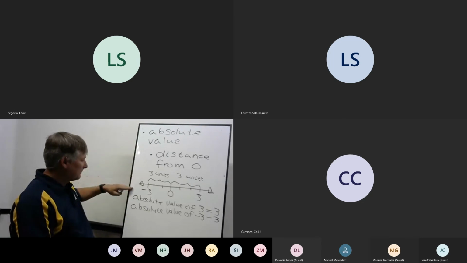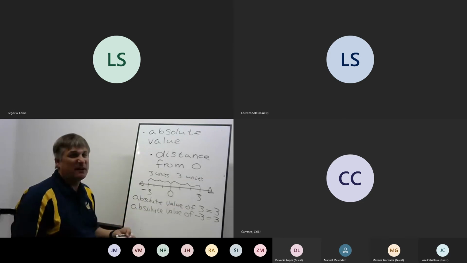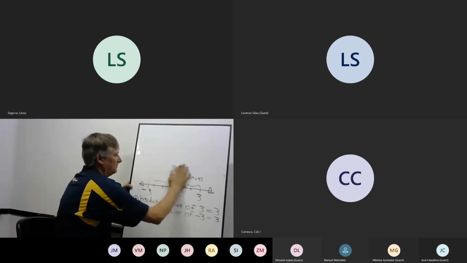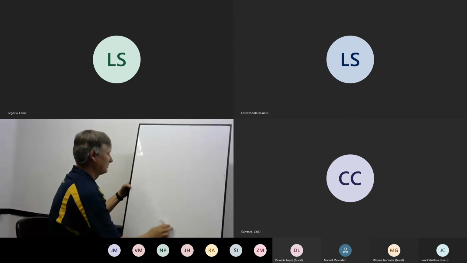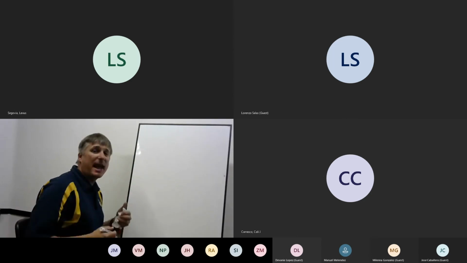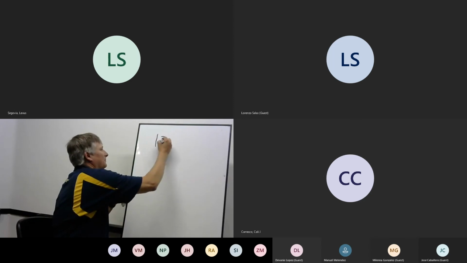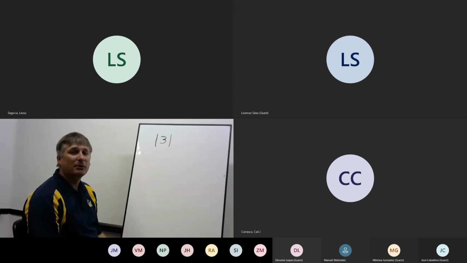So what we've got in this situation, I get kind of tired of writing absolute value of, so I'm going to make a symbol. Instead of saying the absolute value of 3, I'm going to write this. That symbolizes absolute value of 3. Now, what is that equal to?